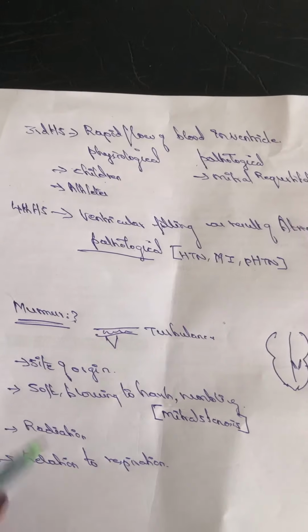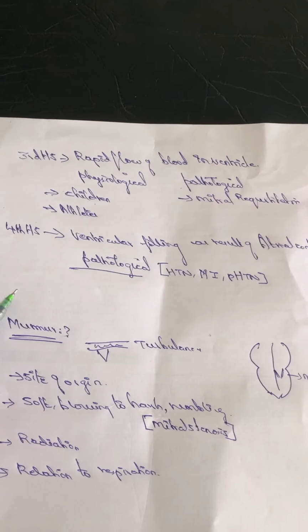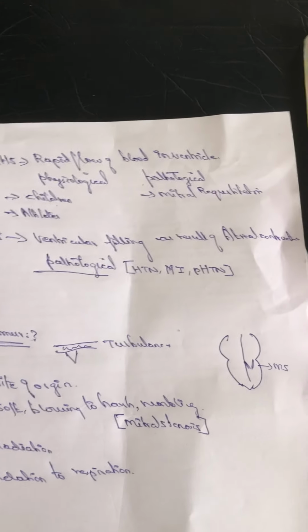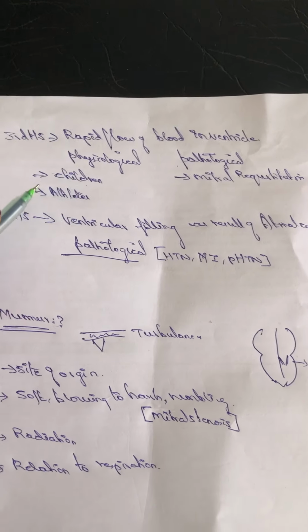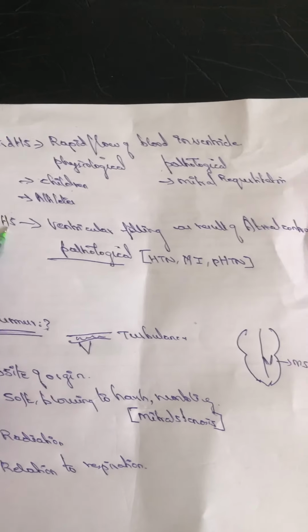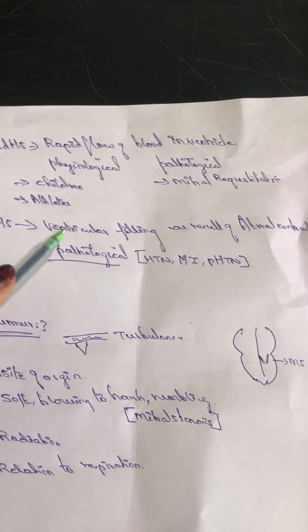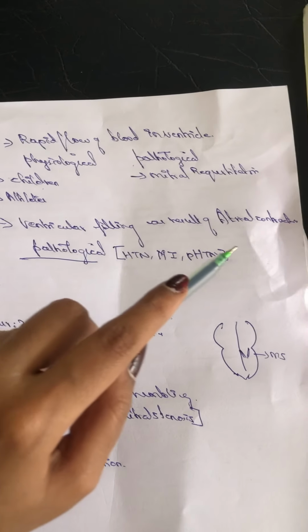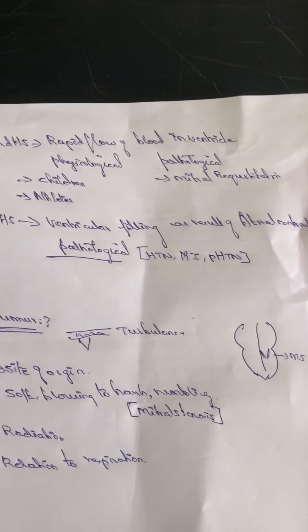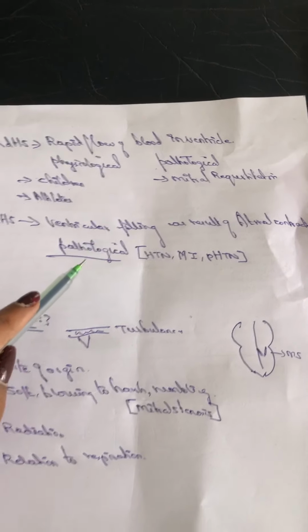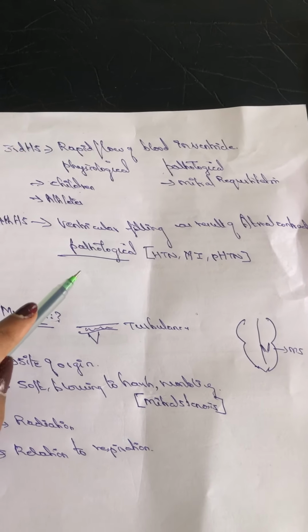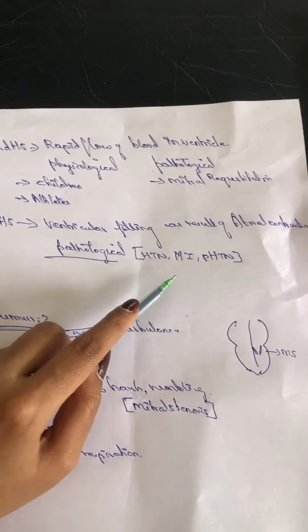Fourth heart sound is only pathological, whereas third heart sound is physiological in children and athletes. It is due to ventricular filling as a result of atrial contraction. The conditions where the fourth heart sound is heard are hypertension, myocardial infarction and pulmonary hypertension.